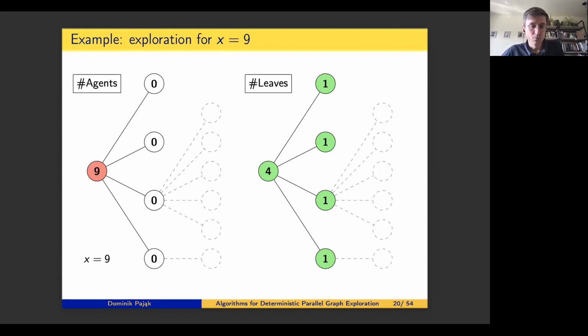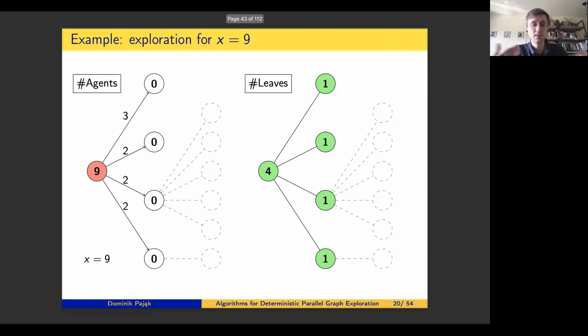So assume that these waves have size 9. So there are 9 agents that are appearing in the root in every step. And initially it looks like this. We have no knowledge about which subtree is bigger.